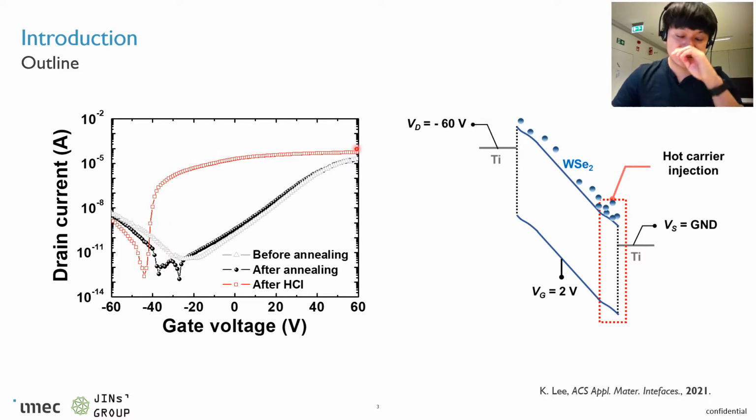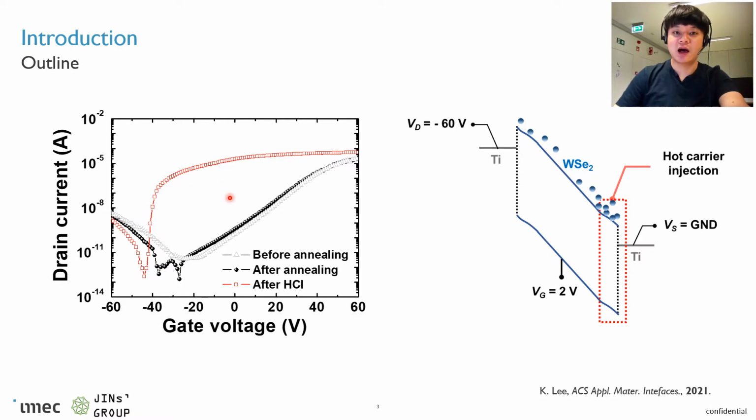Interestingly, after hot carrier injection, which I called the partial thermal heating effect, the performance of the device was significantly improved, even much more than after annealing in high vacuum.